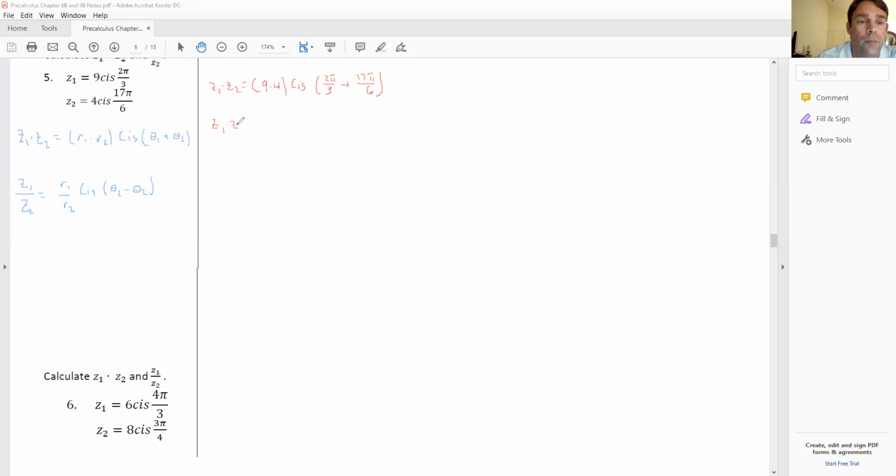So when we multiply, we end up with 36 cis. 2 pi over 3 is 4 pi over 6, so that ends up being 21 pi over 6, which is the same thing as 7 pi over 2.